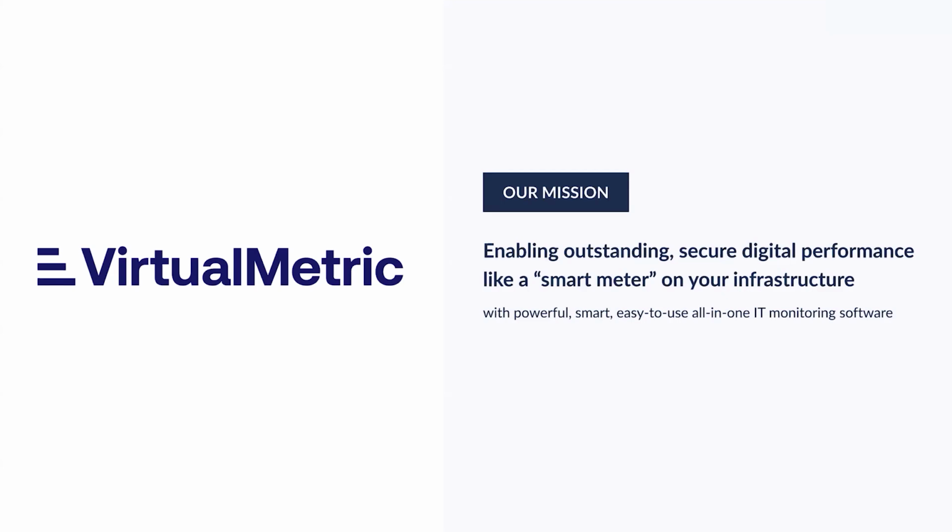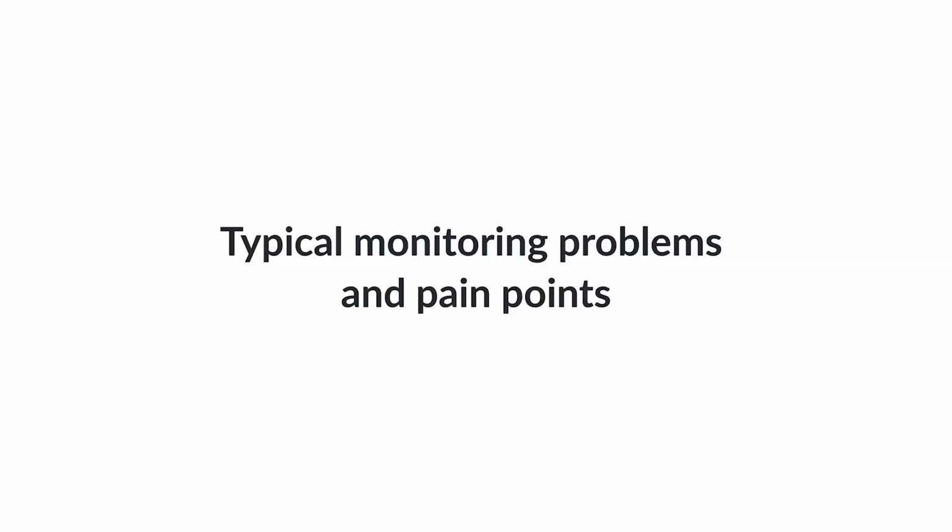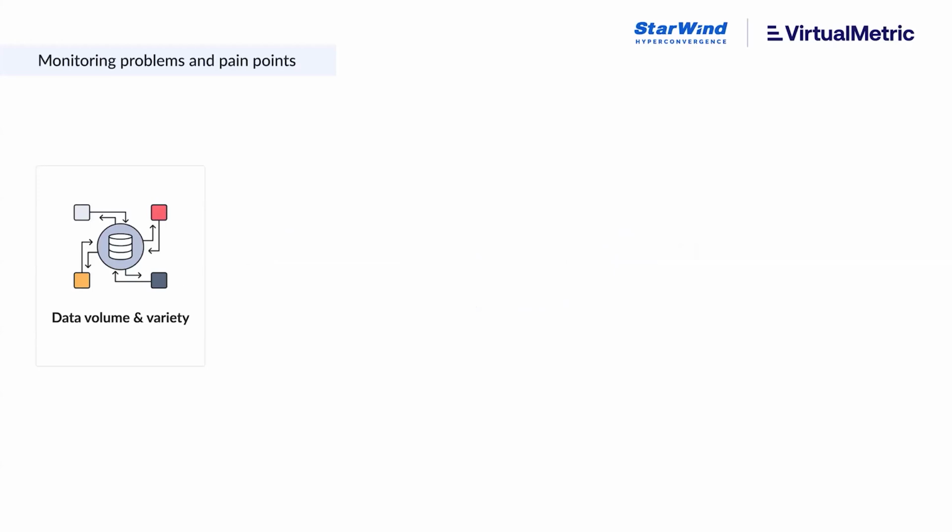Okay, perfect. Thank you, Mark, for this introduction. So let's proceed. We're continuing our recap with the first of two main parts of the previous webinar, and also what we're addressing today: typical monitoring problems and pain points. We're starting with the first one, which is data volume and variety.